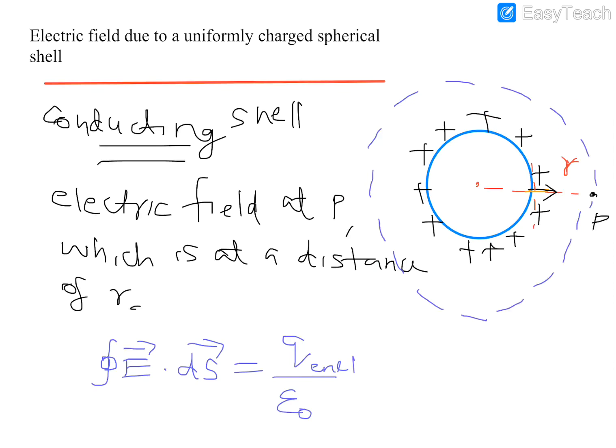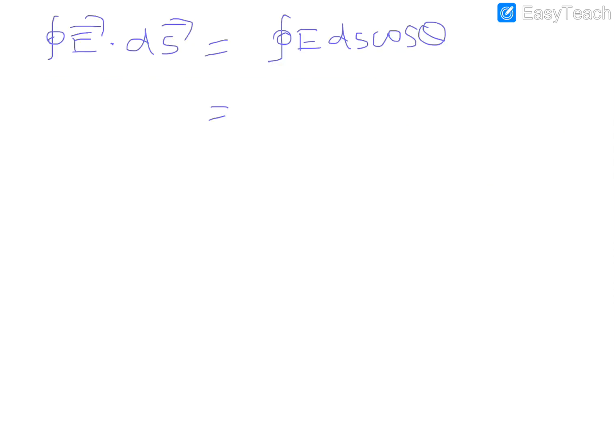So at any point there is an electric field like this, and the area vector is also like this, which means they are making an angle of 0 degrees. So theta is 0 degrees here, and you can write it as closed integral E ds cos 0. Cos 0 is 1, so this is equal to closed integral E ds.